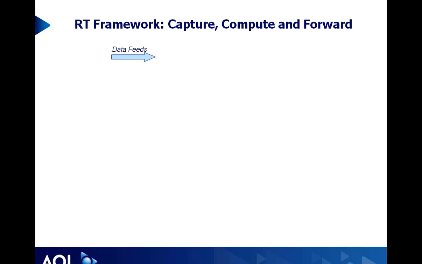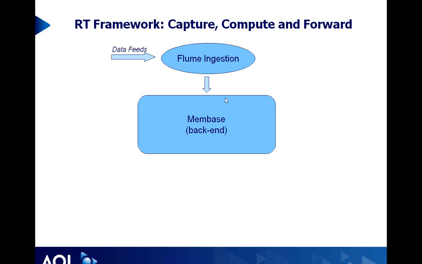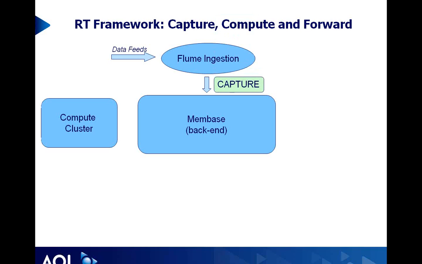We are proposing this approach called capture, compute, and forward, where essentially data feeds are again loaded through Flume ingestion process directly to Membase in say 15-minute bursts, and once loaded, the bucket with most recent 15-minute burst is used in read-only mode as a staging bucket by parallel jobs running on compute cluster.